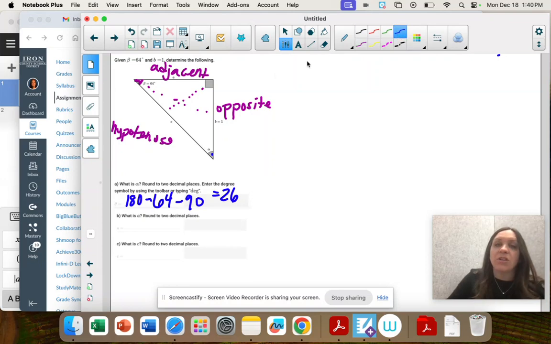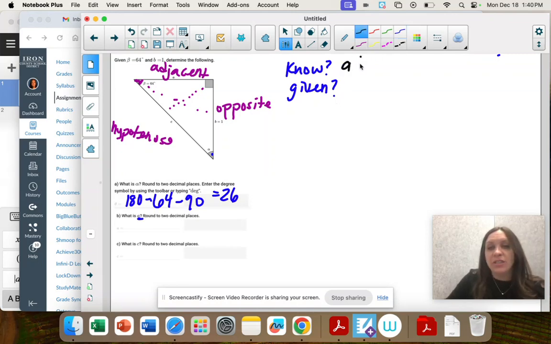And I'm going to start with asking myself, what do I want to know? And what am I given? So I want to know side A, which is the adjacent. And I'm given the opposite, which is B equals 1.